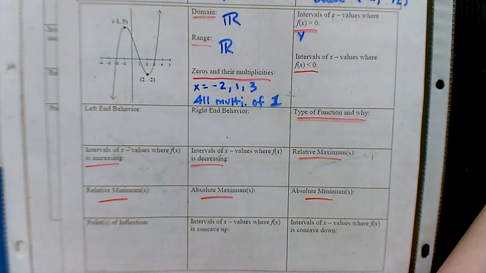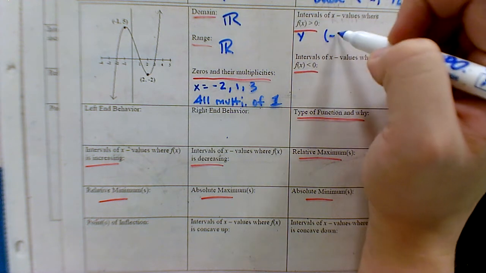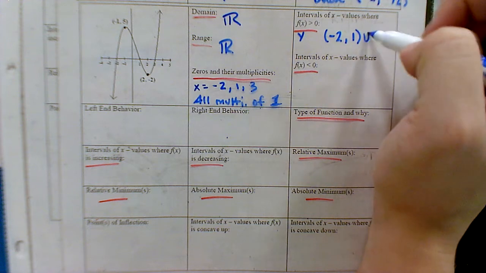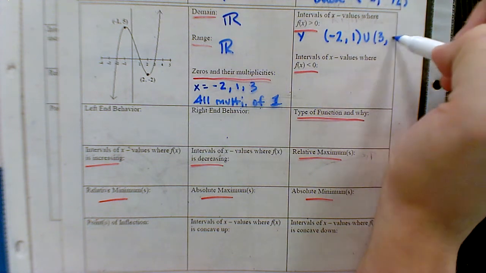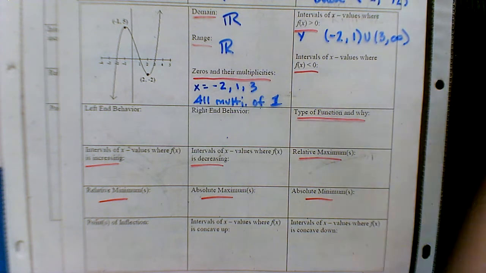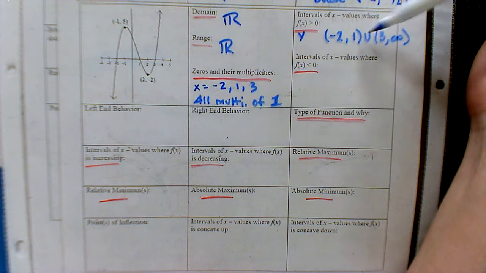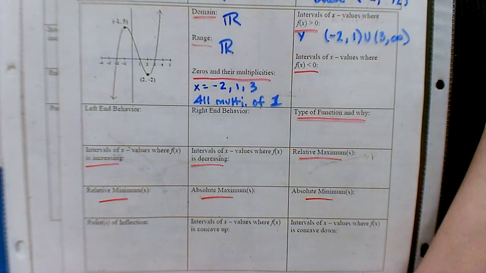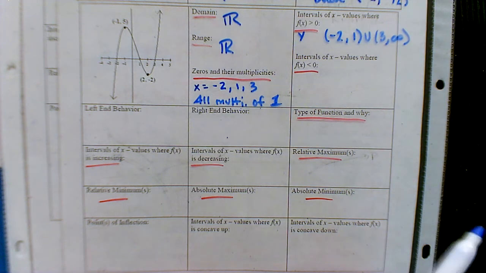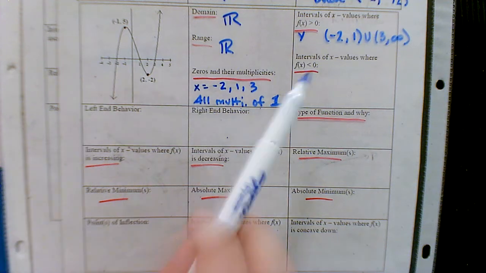Any takers? Okay, and what were you looking for to get those intervals? Those are great. Above the x-axis. Good. Okay, so that checks out.